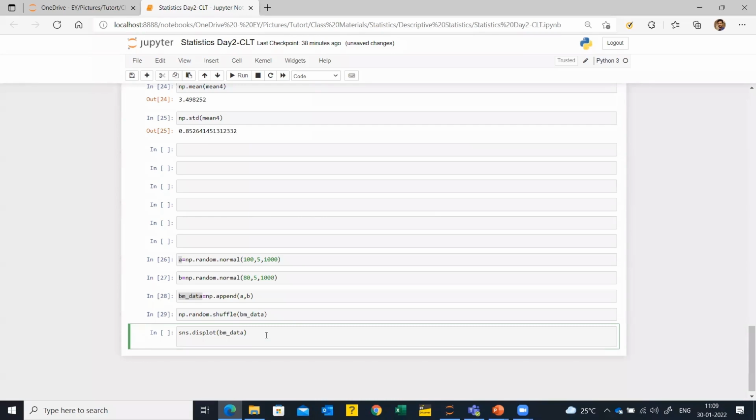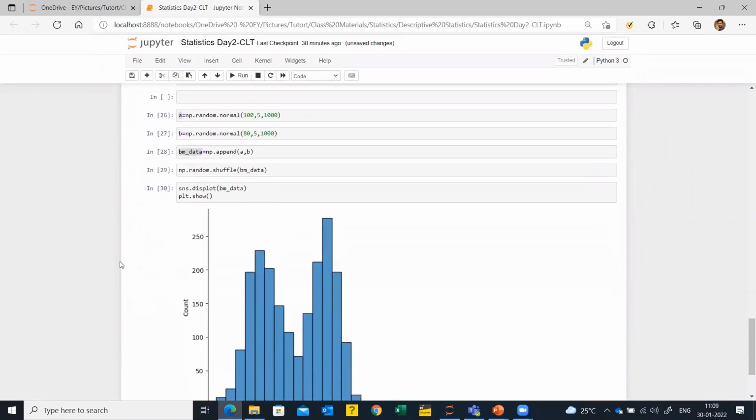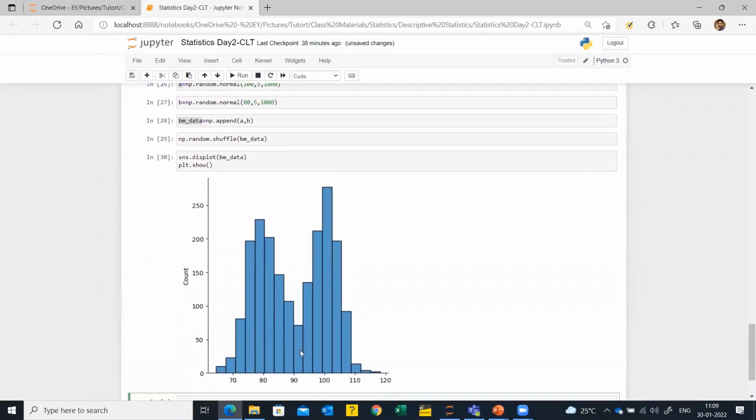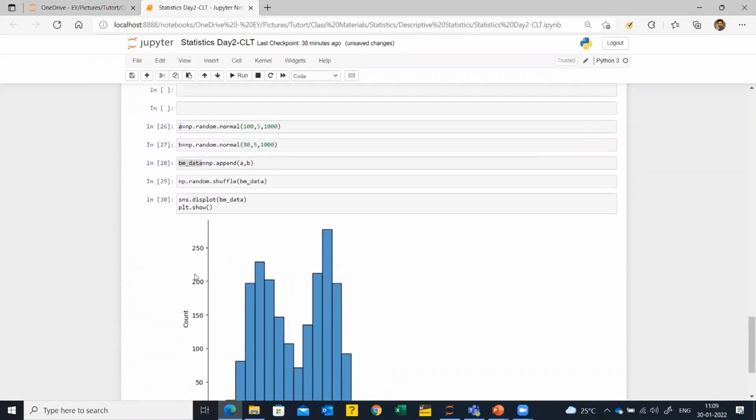And I will use plt.show, and that's it. See, you are getting two bimodal data, one with a mean of 100 and one with a mean of 80. Any question?